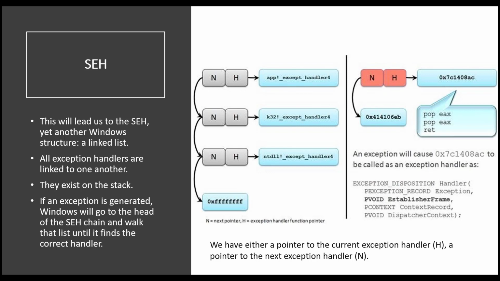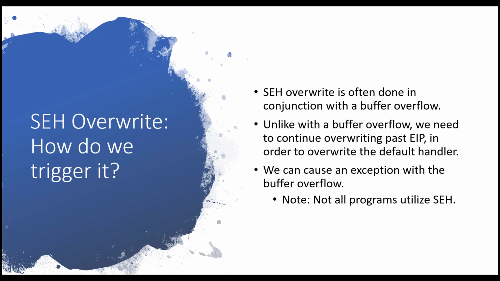POP RET is one technique that we can make use of: a series of instructions such as pop EAX, pop EBX, it doesn't matter what it's popping, and then a ret. We'll see in another slide how that works out.